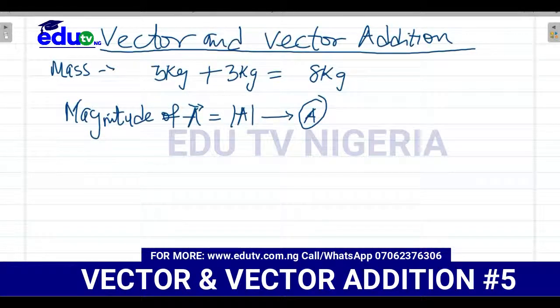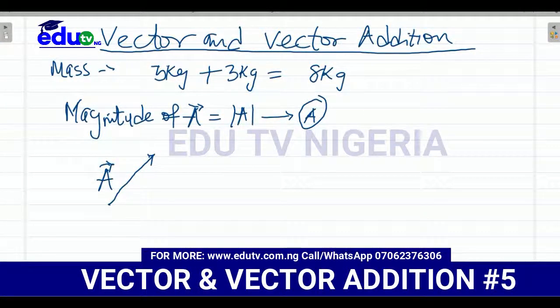Now we also talked about equality of two vectors. When you have a vector here, this is an example of a vector quantity representing displacement, starting from this point, and this is the direction. This is the tail of the arrow, and this is the head of the arrow.